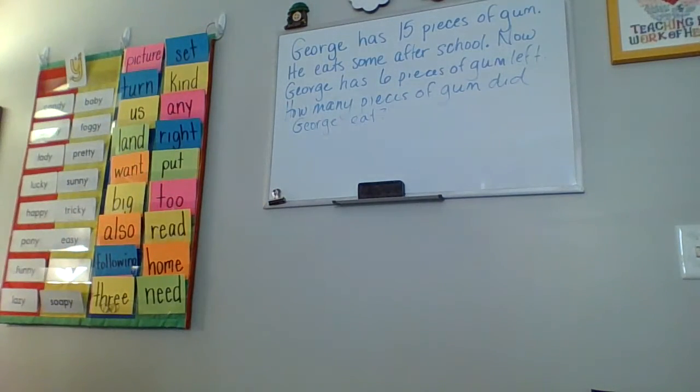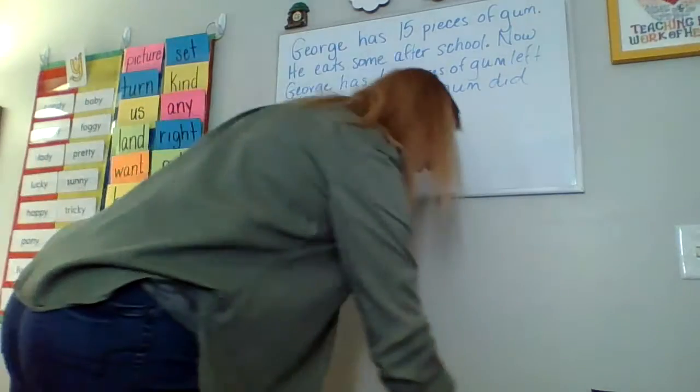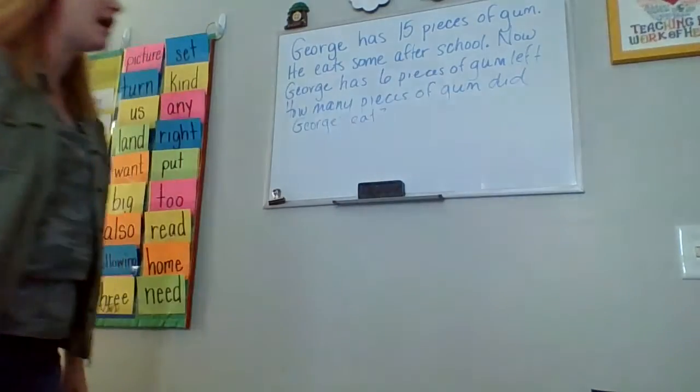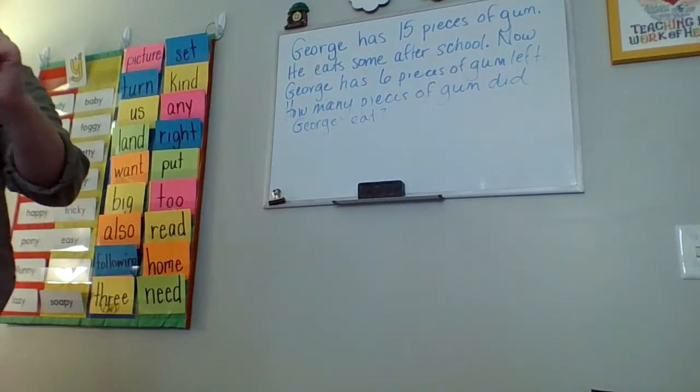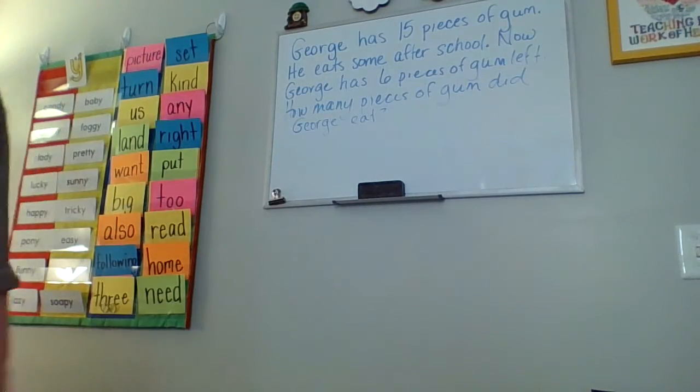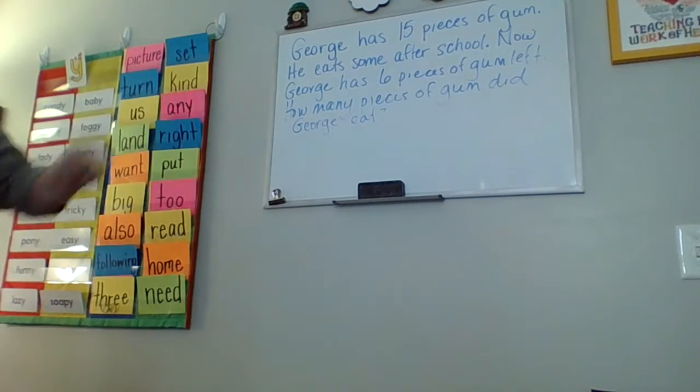George has 15 pieces of gum. He eats some after school. Now George has 6 pieces of gum left. How many pieces of gum did George eat? The first thing I want you to do is write down the equation.